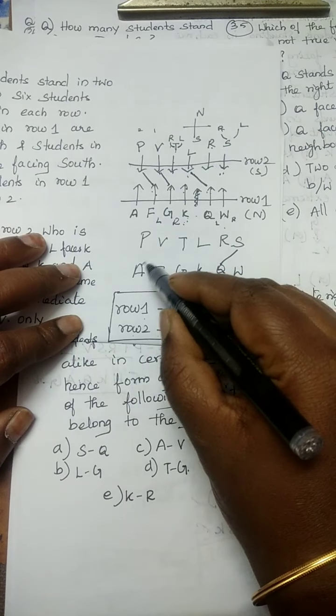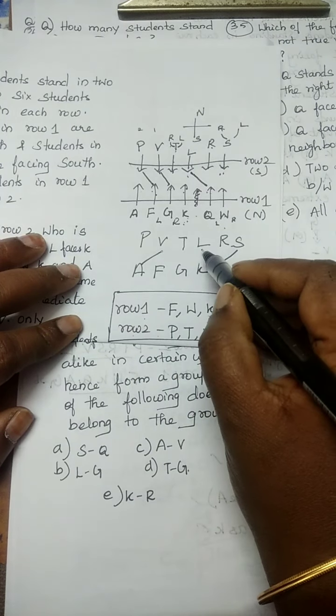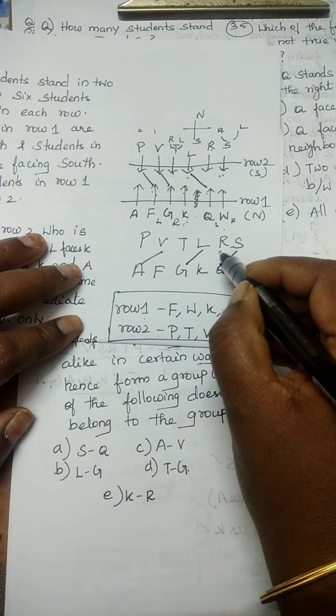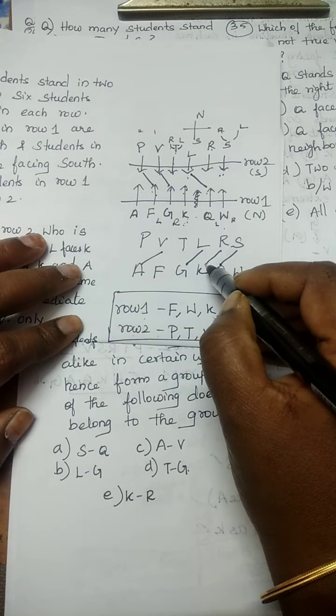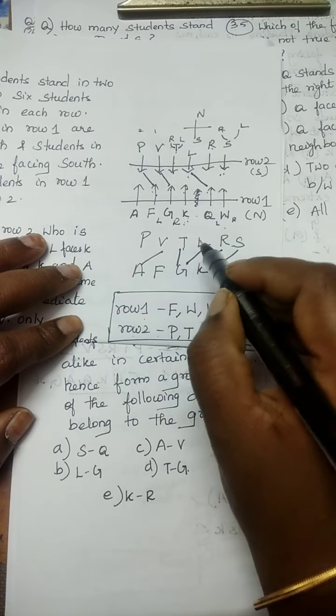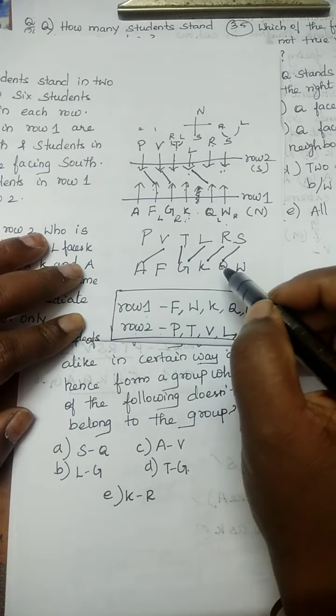A is related to V. Okay. L is related to G. Okay. K is related to R. Okay. And then T is related to Z. So find out the odd one.